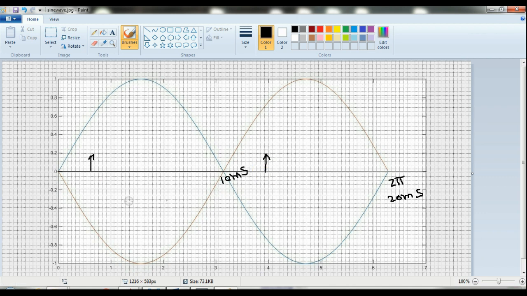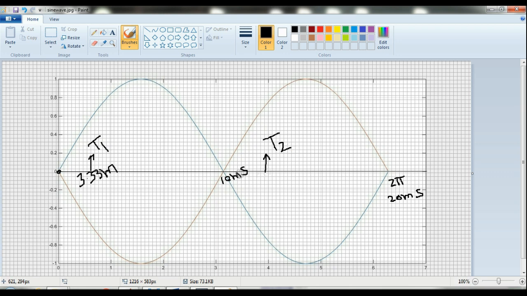What are these two values? This is alpha equal to 60 degrees with respect to this point, so it is 3.33 milliseconds. Here we are going to trigger T1, and here we are going to trigger T2.